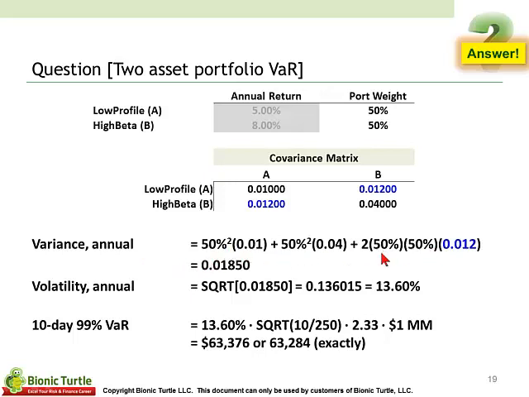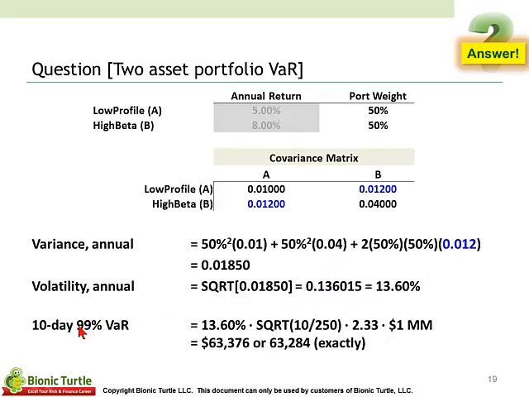So that just applies that formula for the 2 asset portfolio variance. So these are per annum figures here. And then if we take the square root of that, our volatility per annum for the portfolio should be about 13.6%. And so that applies the essential formula of our modern portfolio theory.